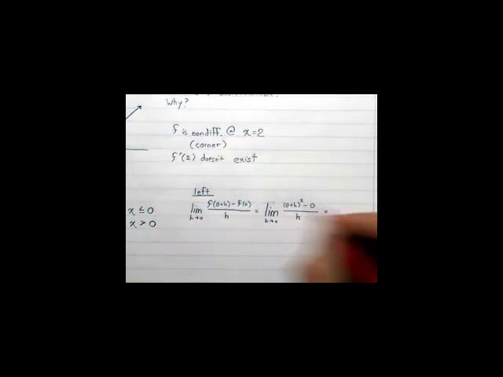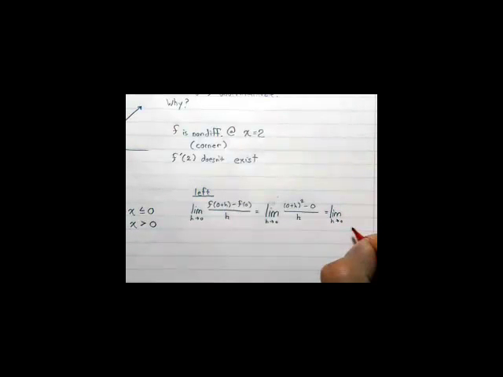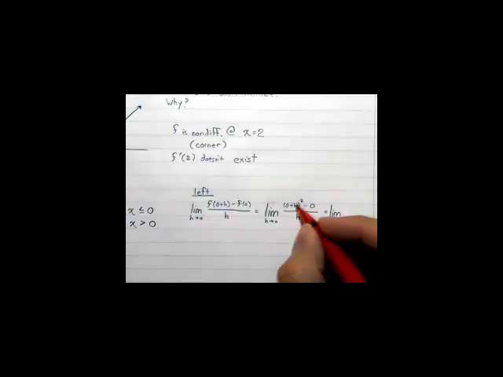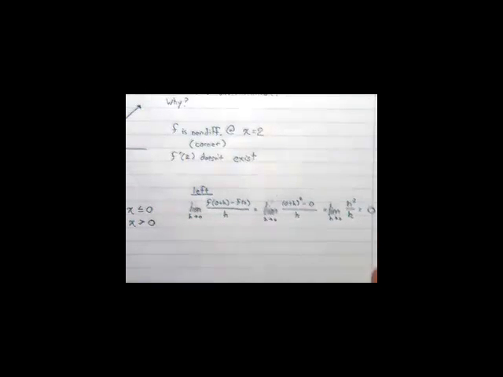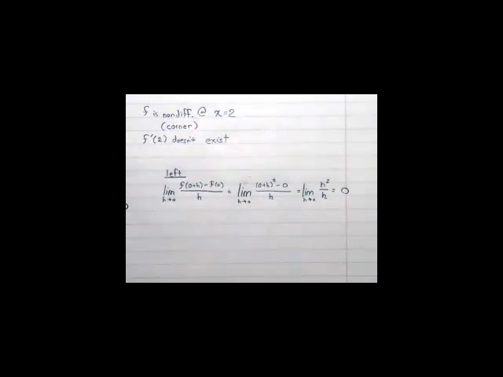And then cancel, cancel. We get the limit as h goes to 0 of h squared over h, which would just be h. Plug in your 0. What's the derivative got to be? 0. I kind of ran out of room, so I didn't write the last step. But you can cancel an h, plug it in, it's 0.